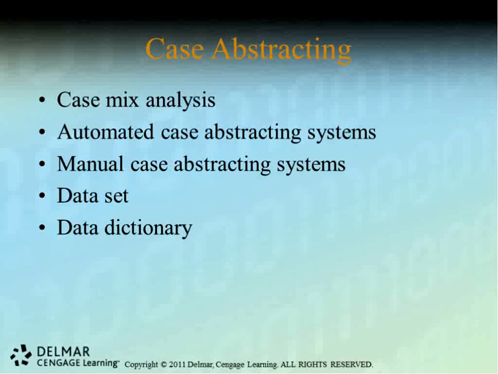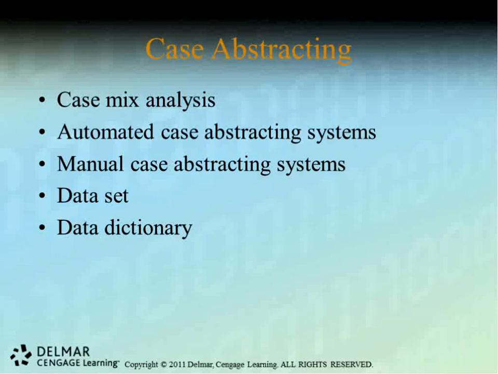Your book actually shows you an automated case abstracting screen in figure 8.11, and then in figure 8.12 on page 252 you see a manual case abstracting form. So they are pulling similar information. One is just on paper and one is on a screen.